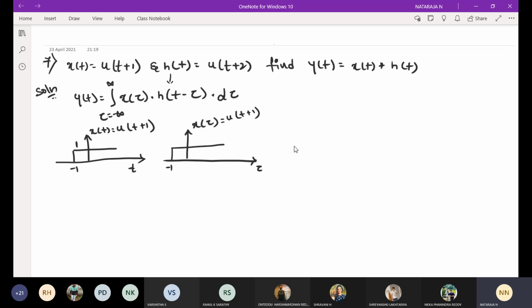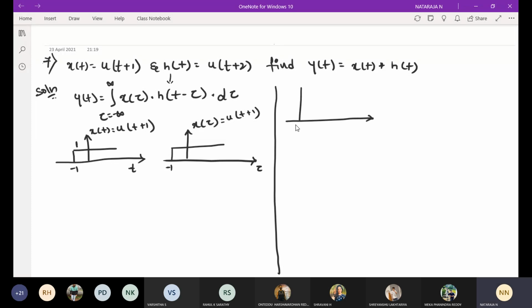Okay, now sketch the signal for h of t. I will sketch it on the right side. On the left side we have x of tau, and on the right side I will sketch h of t.